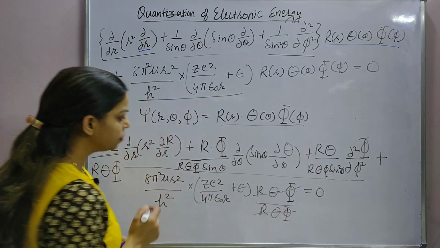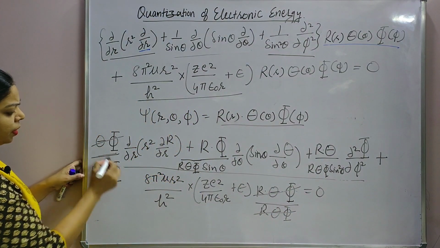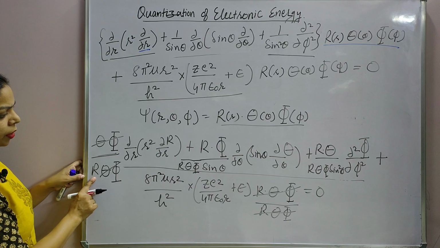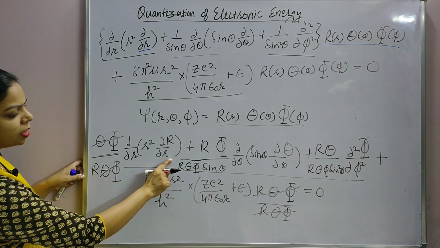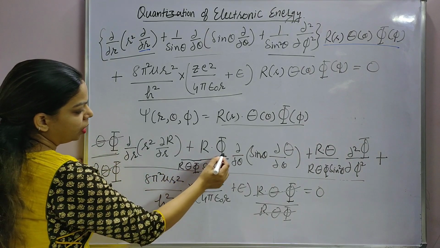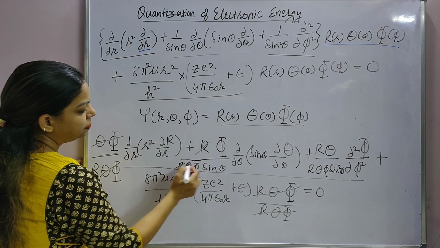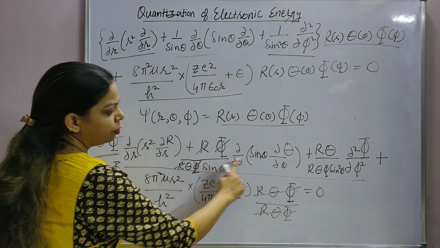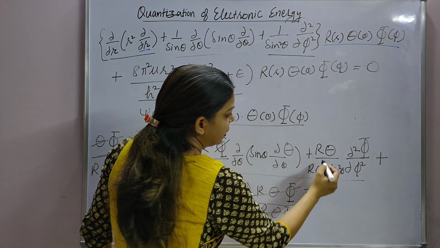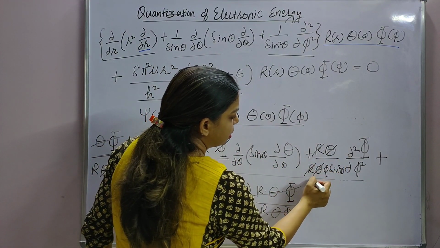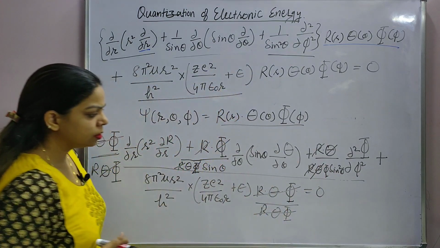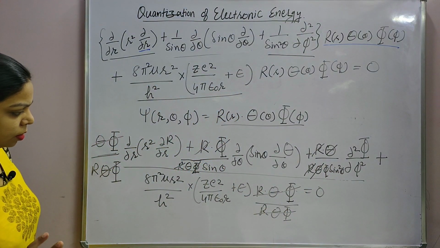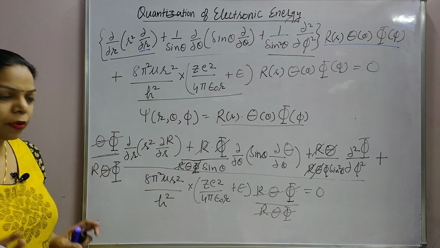We cancelled out. Here theta phi cancelled out, r is left, and this entire term is in terms of r only. In this case, r and phi are cancelled out, only theta left for the theta equation. In this case, r and theta are cancelled out, only phi is left. Okay, so this is fine now.